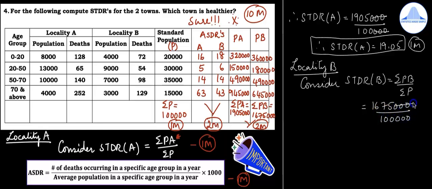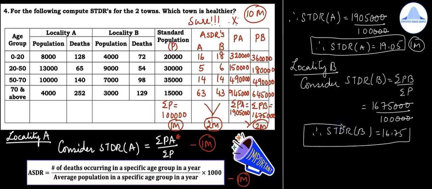Cancel out 3 zeros in the numerator and 3 zeros in the denominator. So you will get STDR of B is equal to 16.75. Now among these two STDRs, you should find out whichever is least. This STDR value will carry 1 mark. So it is 2 to 4, 5, 6, 7, 8 and 9.